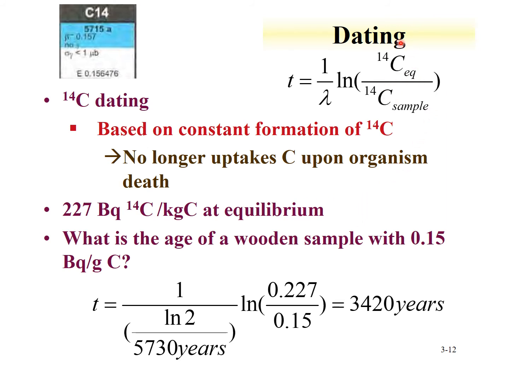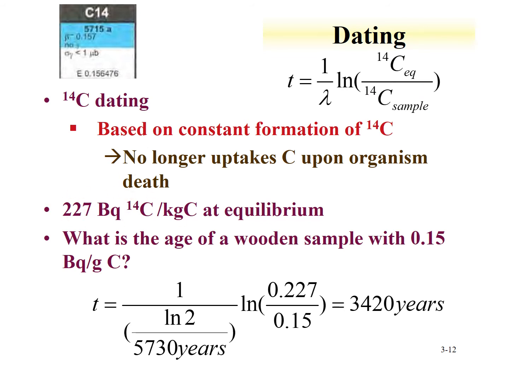And all it becomes is, we just rearrange the equation we used previously: 1 divided by the decay constant of carbon-14 times the log of the carbon-14 at equilibrium divided by the carbon-14 in the sample. So the equilibrium value is listed here.